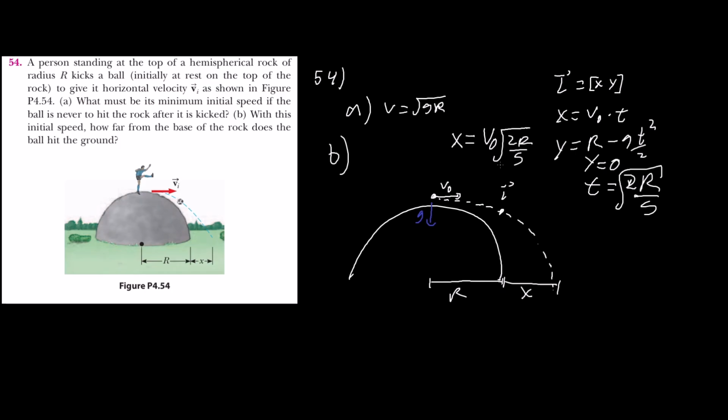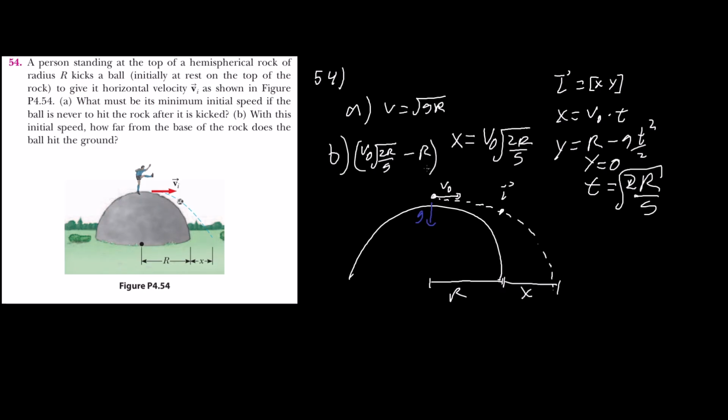Now, keep in mind, this whole thing is x. It's asking for the distance from the base of the rock. So I'm going to say that this is going to be the answer: v naught times the square root of 2r over g, minus the radius.